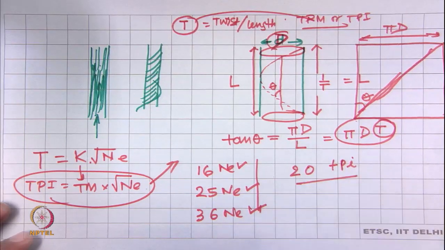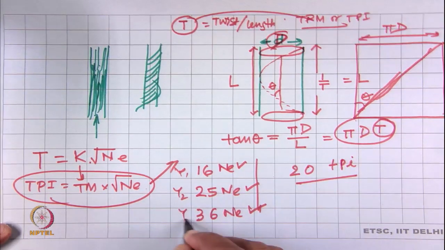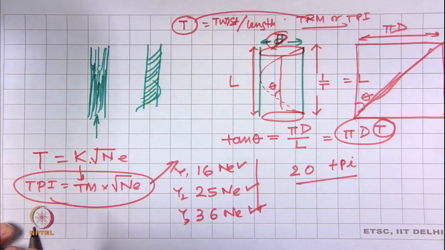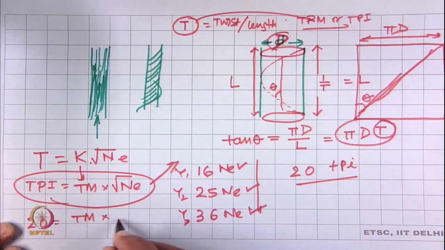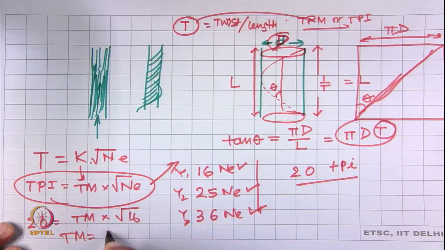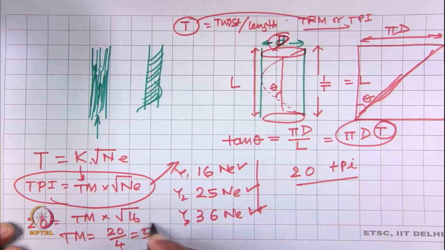In that case, in yarn 1, what are we getting? 20 by under root 16, that means Tm will be 20 by 4, 5 Tm.